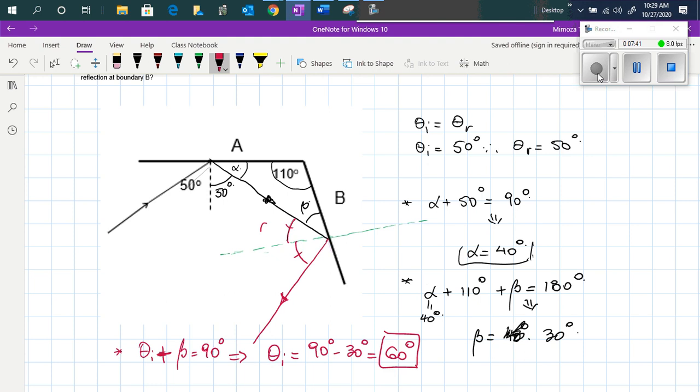So this angle here is equal to 60 degrees. Based on the law of reflection, the angle of reflection is equal to 60 degrees as well. Is this clear?